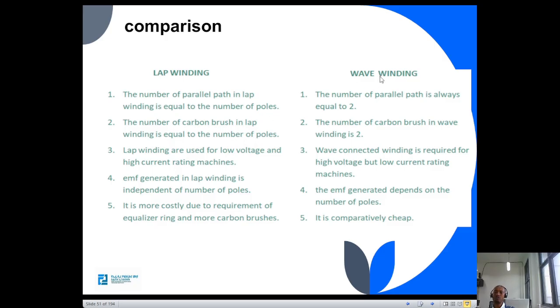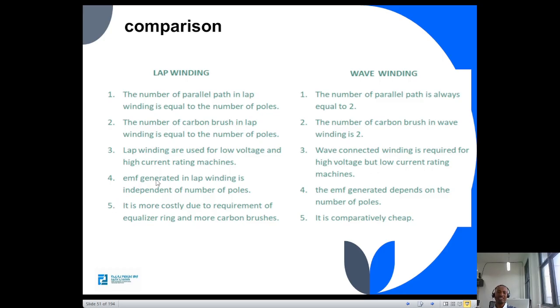But in wave winding, the number of brushes is always 2, because the number of brushes is equivalent to the number of current paths. Third, lap windings are used for low voltage and high current, whereas wave winding is the opposite: high voltage, low current.